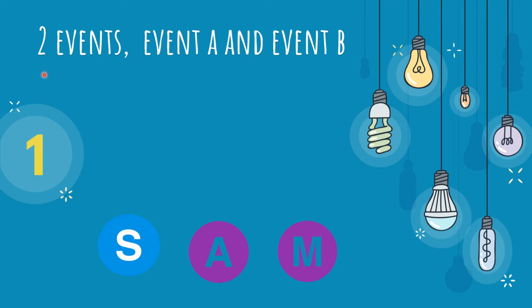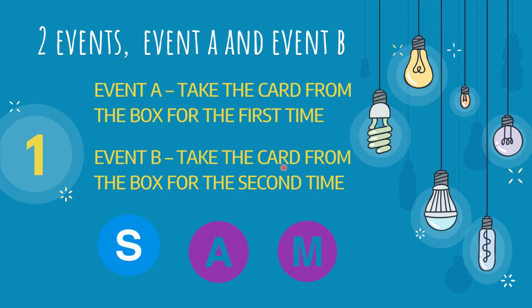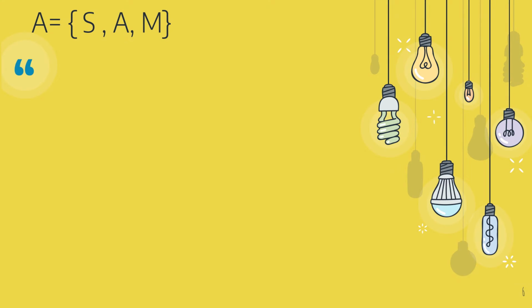Okay, let's say we have two events, event A and event B. Event A is taking a card from the box for the first time, and event B is taking a card from the box for the second time. Event A has 3 possible outcomes, S, A, M. So n(A) is 3.